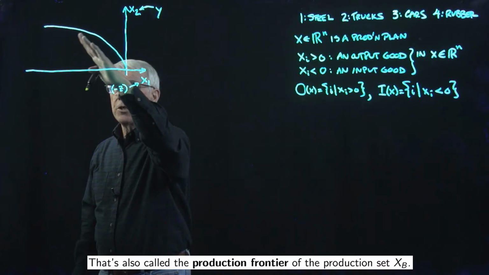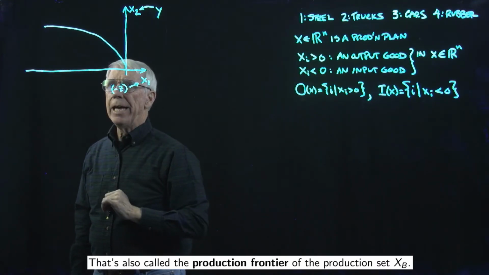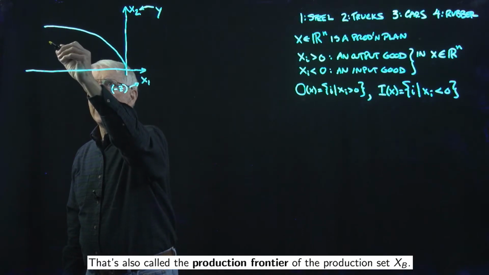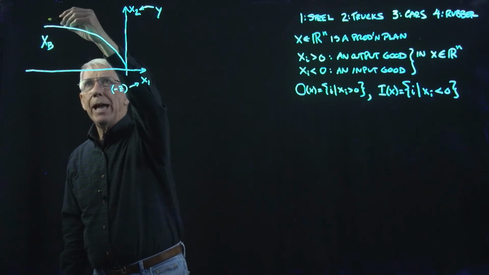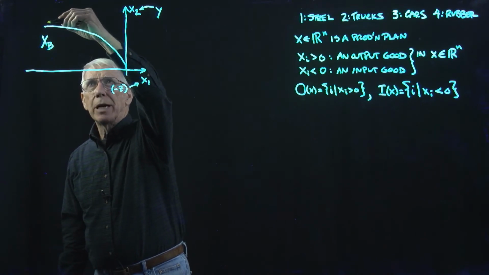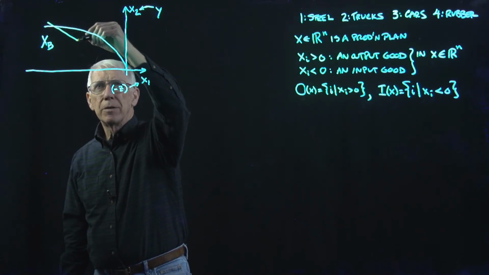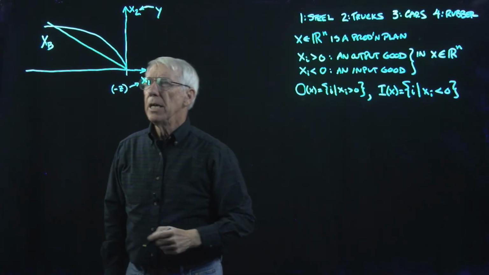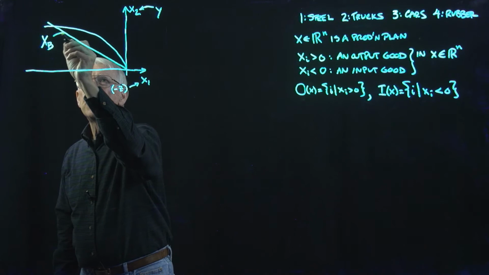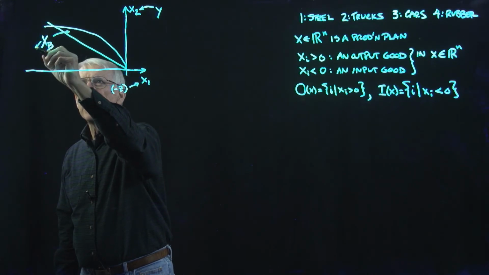And so this is firm B's production set. Let's just write that here as XB. And then we have firm A's production set, which looks something like this. And so XB includes the stuff in here and the stuff down here.